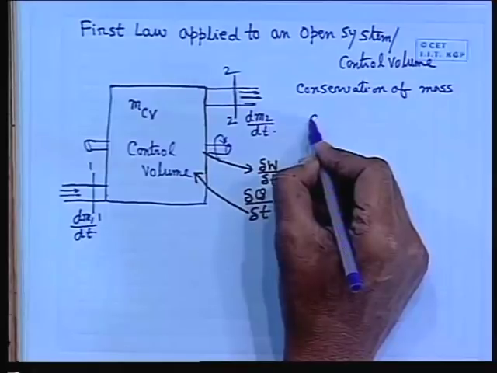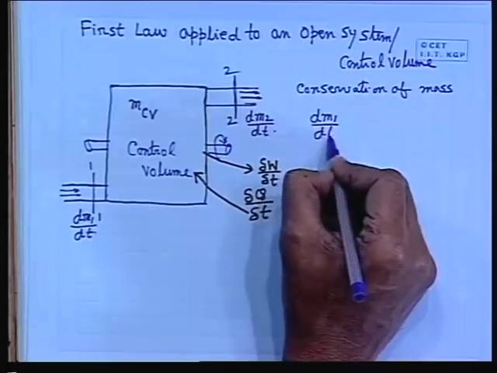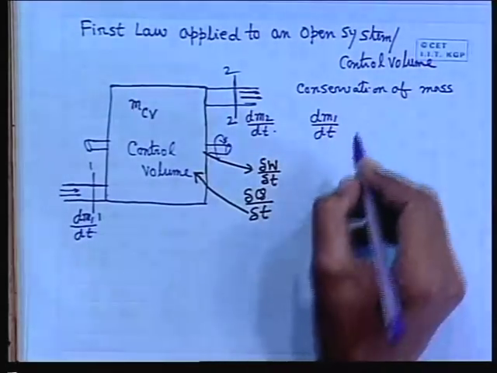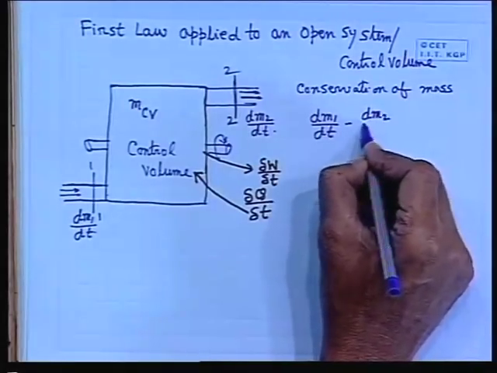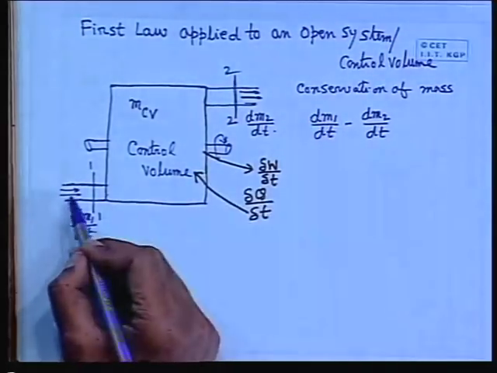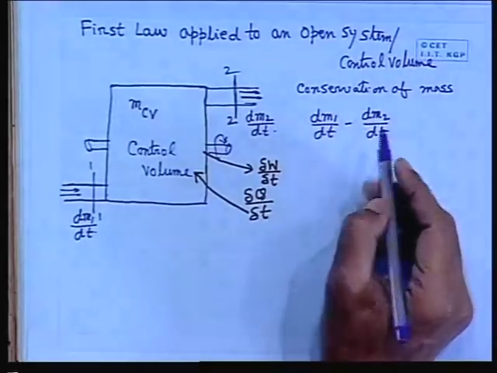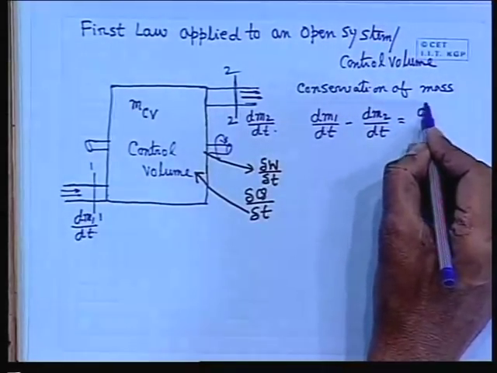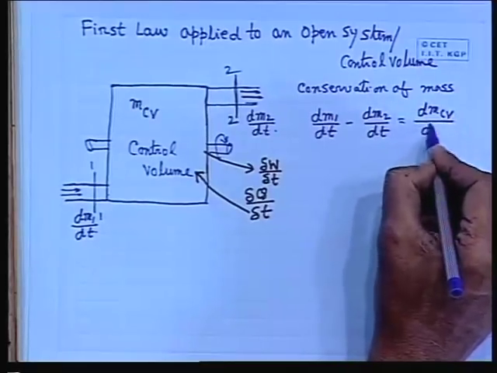So, conservation of mass is very simple from common sense: the mass flow rate coming into the control volume minus the mass flow rate going out of the control volume is equal to dmCV dt, that is the rate of change of mass within the control volume.